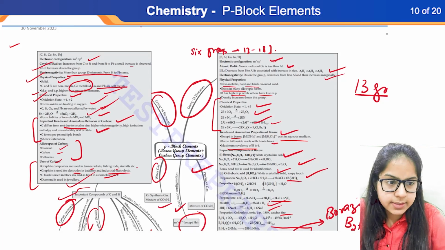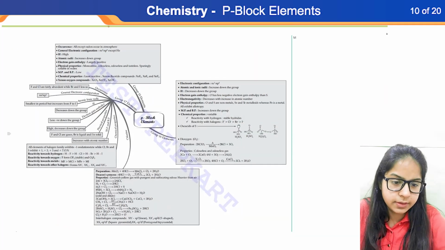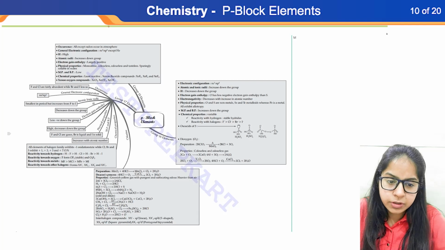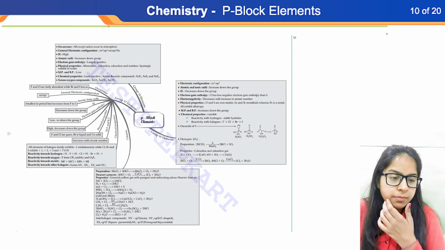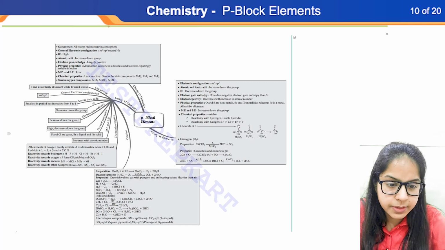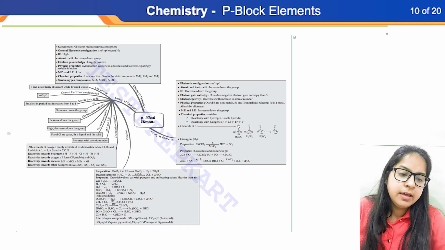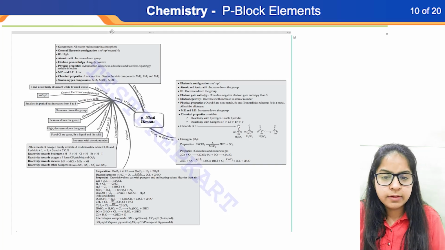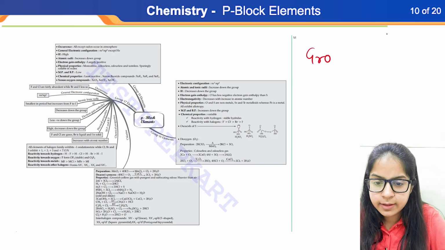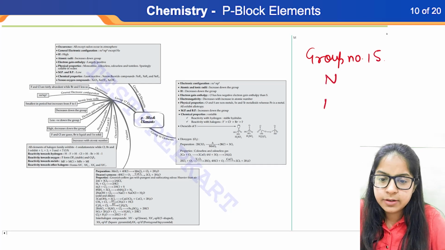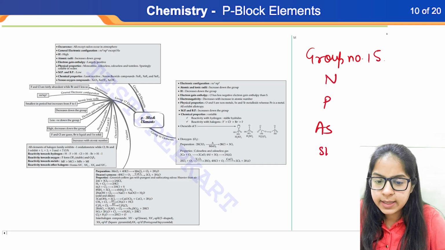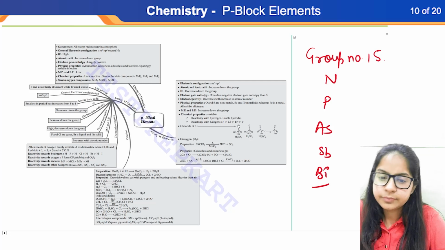Now the next one is this one. P block elements. So the group 14, almost the same trend in atomic radius and ionization enthalpy, and some of the melting point and boiling point I am going to discuss. Group 15 elements. Group number 15 has these elements: nitrogen, phosphorus, arsenic, antimony, bismuth.